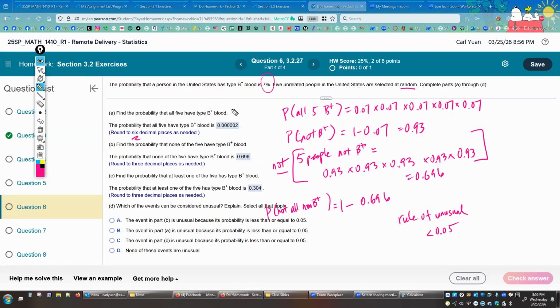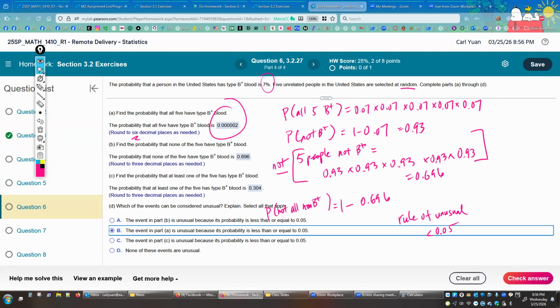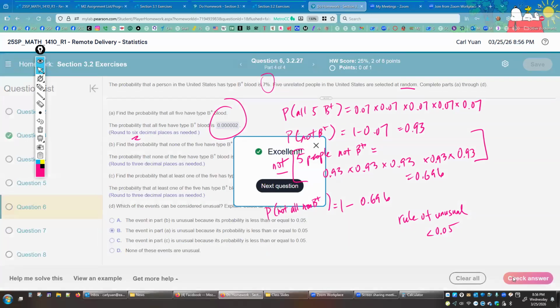So I say that getting 5 people with B plus blood is unusual. That would be the event in part A. Let's see if I'm right.